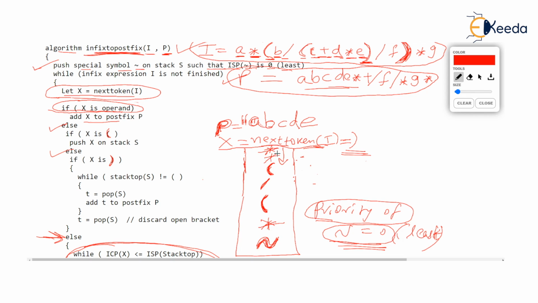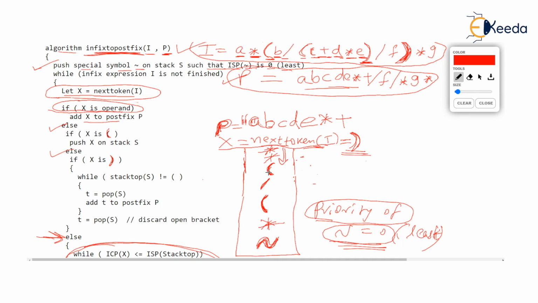Whatever you pop is added to postfix. And the bracket that you pop after that, because you got a close bracket, isn't it? You got a close bracket, therefore you are popping everything up to open bracket, and that too up to first open bracket. You note we have one more open bracket. Check the cursor place. But we are going to pop everything only up to first open bracket, and we are going to simply discard that open bracket.